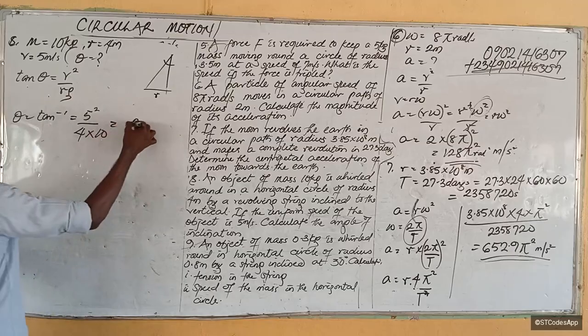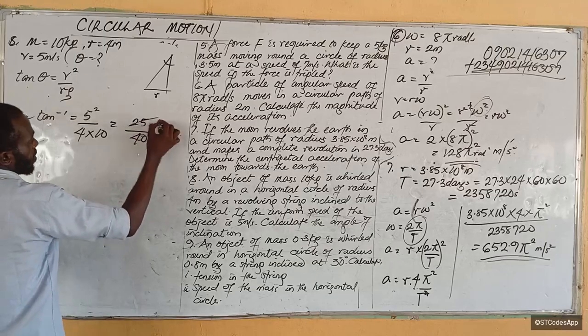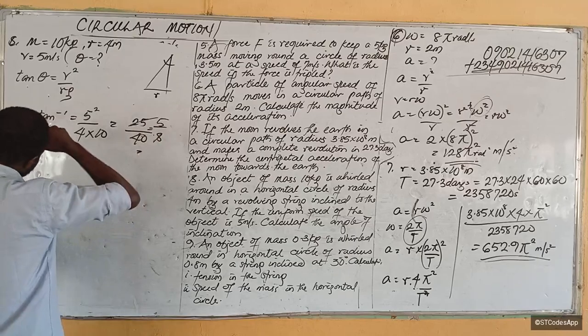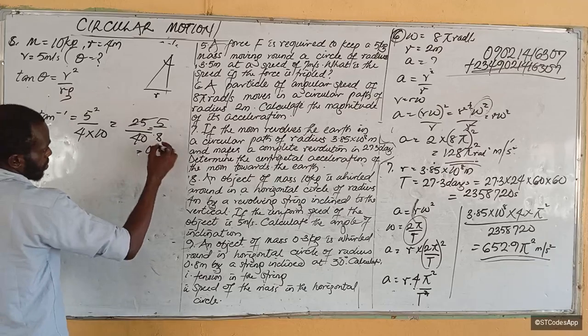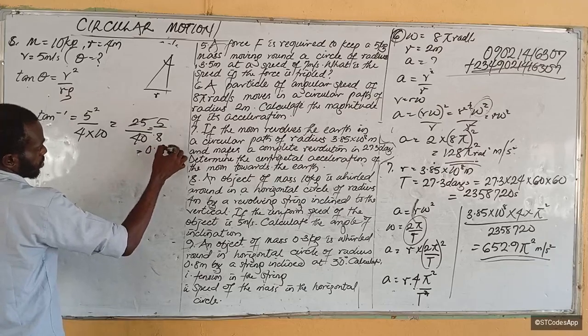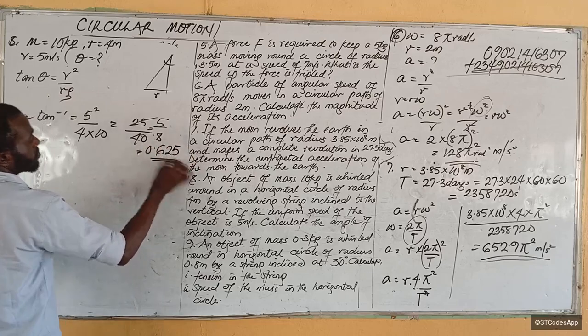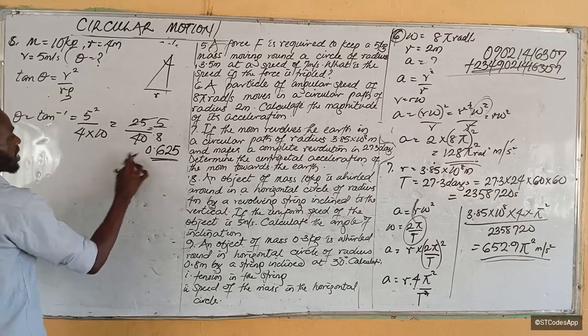So this becomes 25 over 40, that's 5 over 8, that will be 0.625. Oh, sorry, theta will not be tan inverse of this.